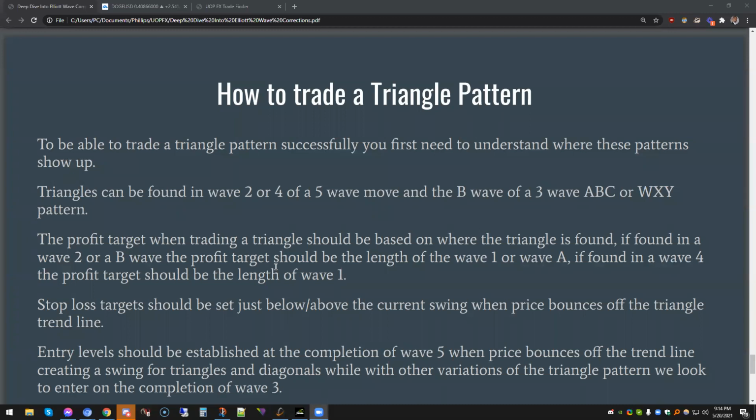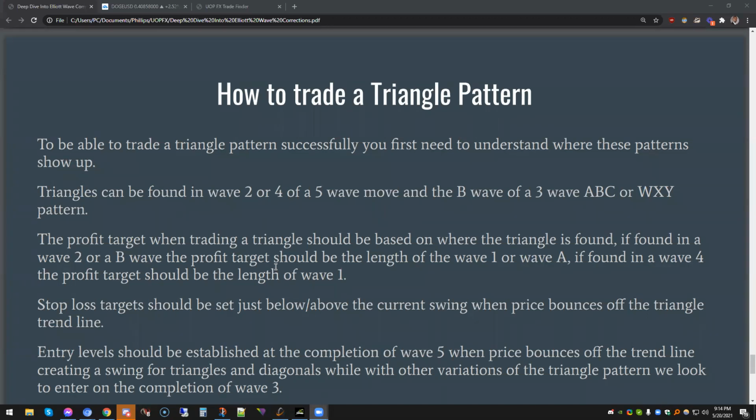So the wave 1 and the A wave are the waves that we use to project as our profit targets for triangle formations. If a triangle is found in a wave 4, you will also use the wave 1 length to project as your profit target.